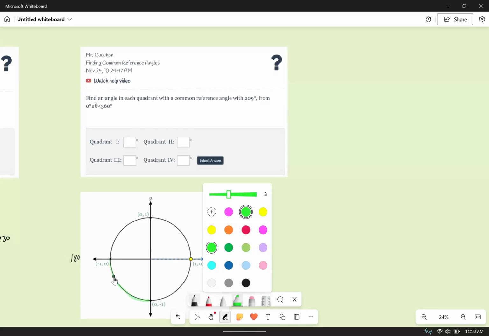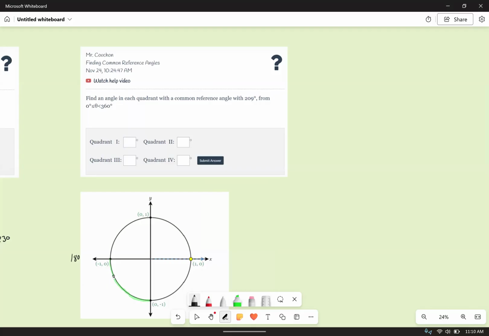From 180 down here to 209 degrees, that is 29 degrees. So to get quadrant 2, we're going to do 180 minus 29 degrees, and we're going to get 151 degrees. So that's going to be this one right about there. That'll be 151 degrees.